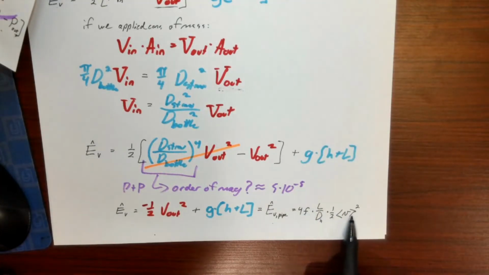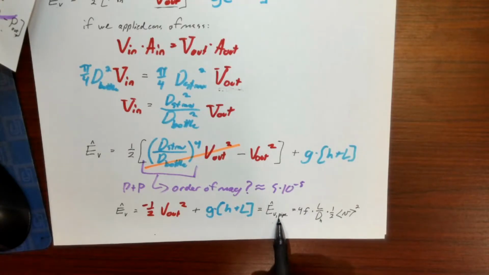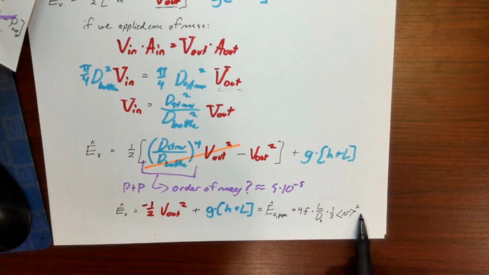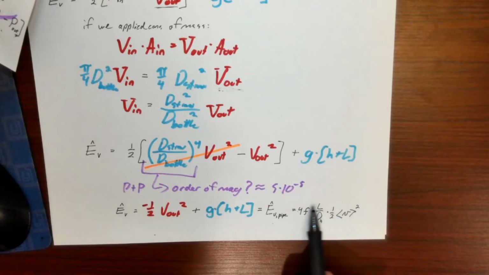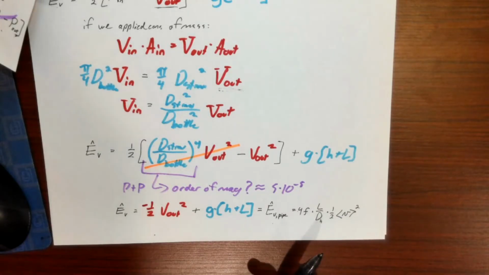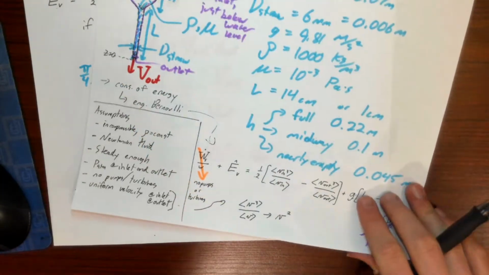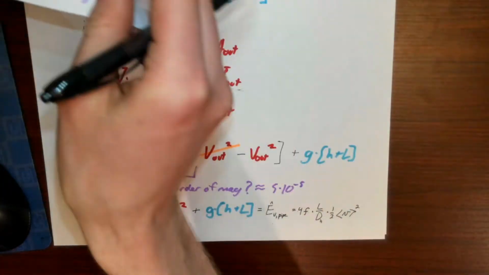So this was the viscous loss per unit mass of things flowing through a pipe, and strictly speaking, there might be some other small viscous losses, but we're going to say this one dominates over the rest of them, and that's generally a pretty good assumption, provided your pipe has some appreciable length.